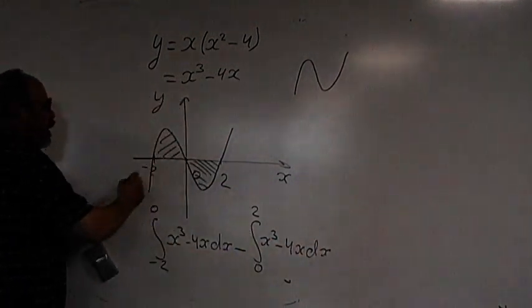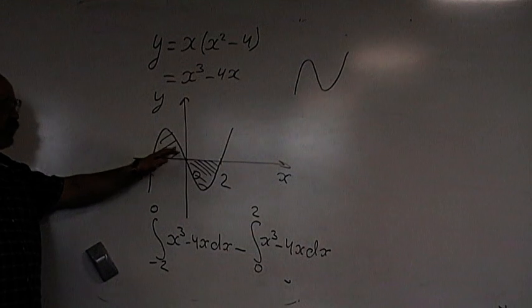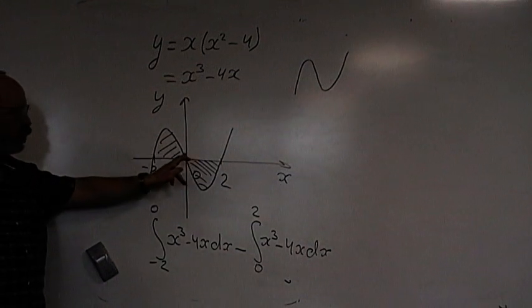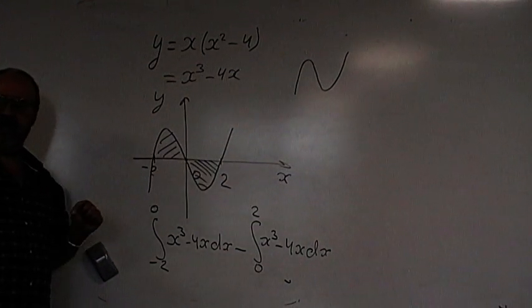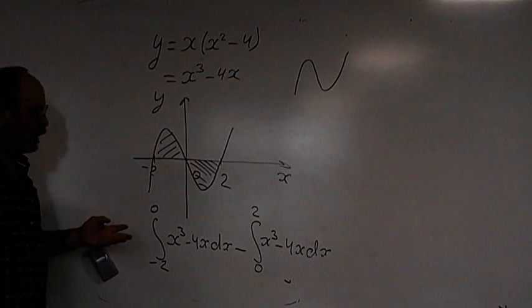We take this part with a positive sign, and what is below the x-axis we take with the negative. Then you add them together.